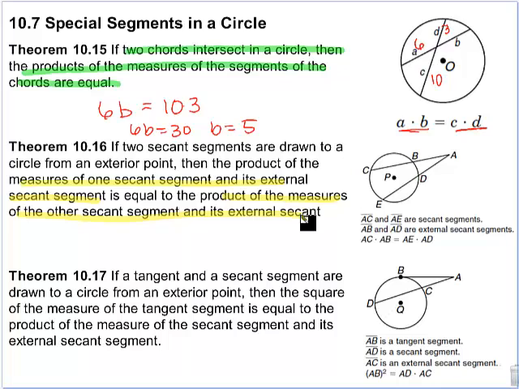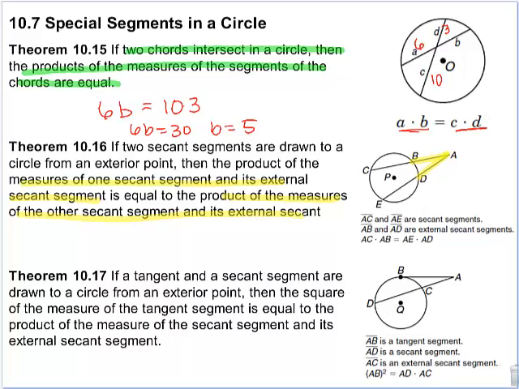Okay? So here, AB and AD would be the external secants because they're outside of the circle. Whereas AC and AE would be the whole entire secants. So what you do when you want to find these is take the whole length times the piece outside, which should equal the whole length times the piece outside.